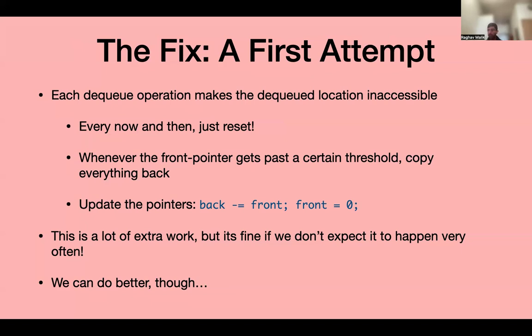But if I'm modeling something like the Starbucks line, people are getting in and out of line constantly. And so I would need to copy very often. And so that becomes pretty bad. So this is the easy way to do it. It's a lot of extra work. We can, in fact, do better by making our lives a bit more complicated.